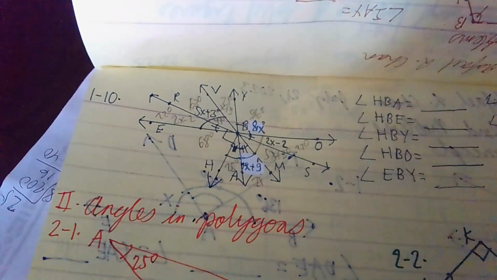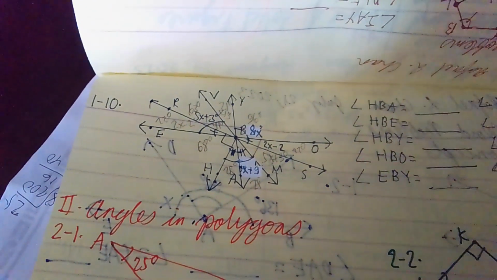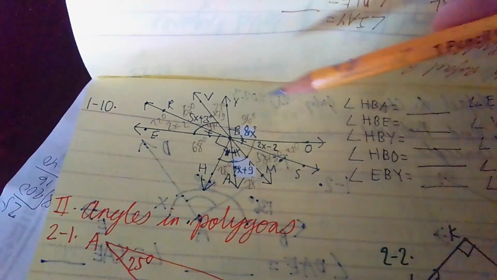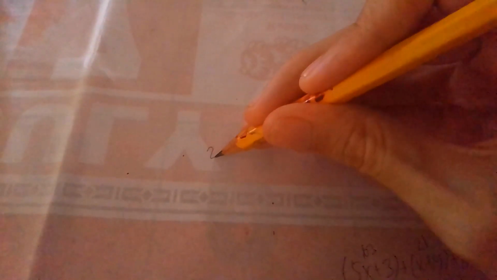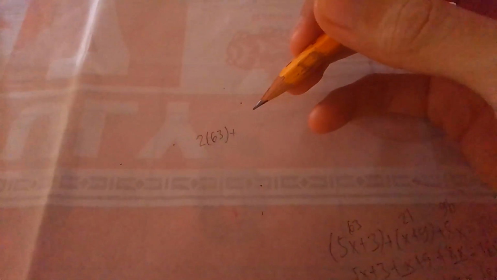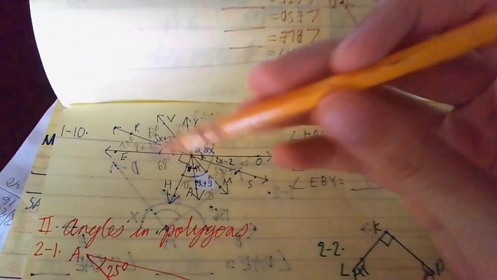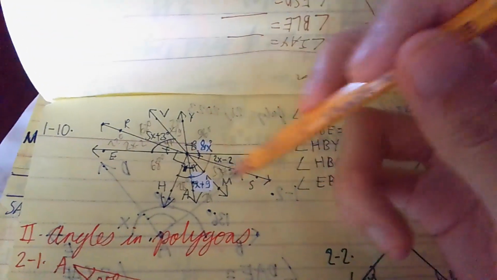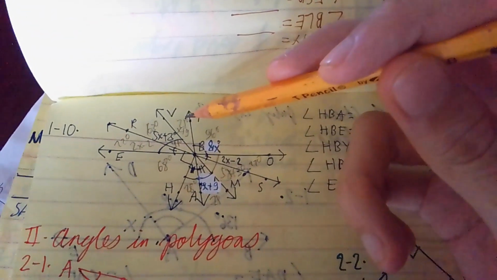If you want another formula on how to do this, you can just add everything up together. So you have two pairs of 41 degrees. Remember, this is your formula. 2 times 63 plus, you have two 21s here. So this is the 63. And then 2 times 21 plus 96.